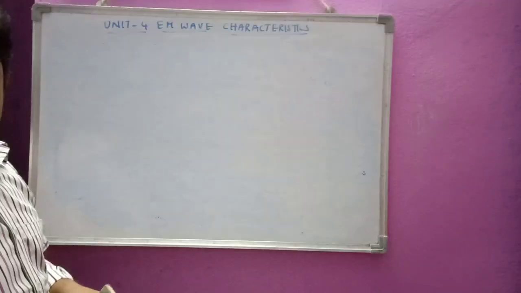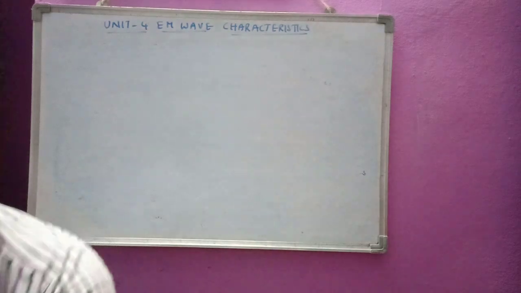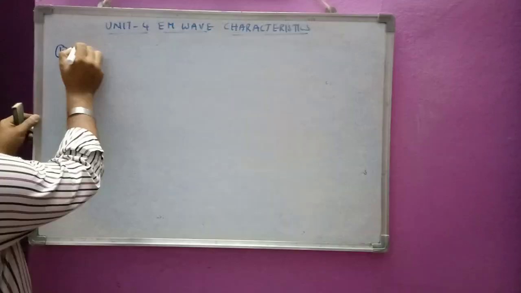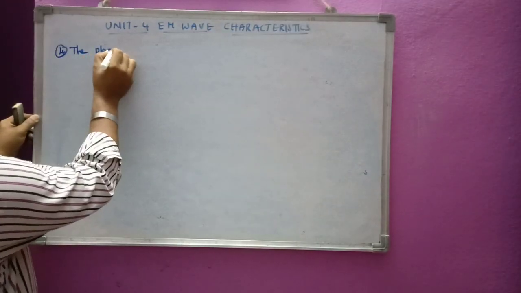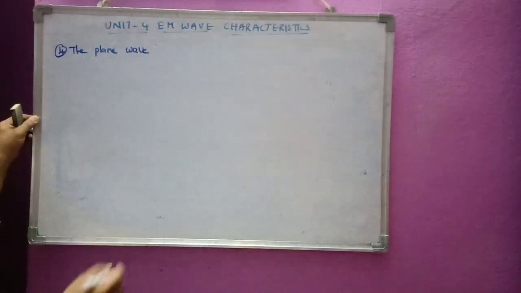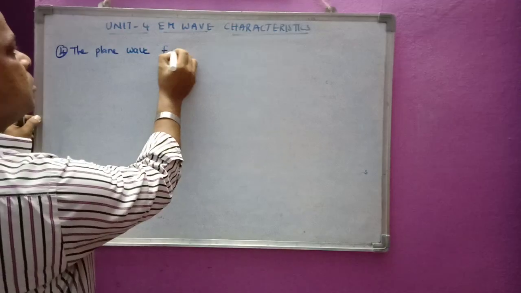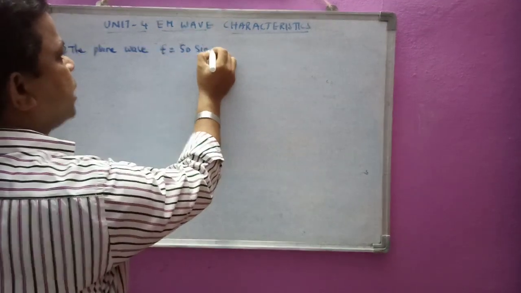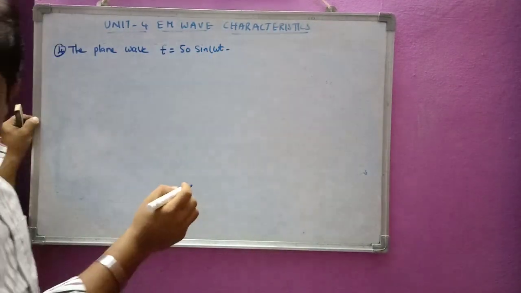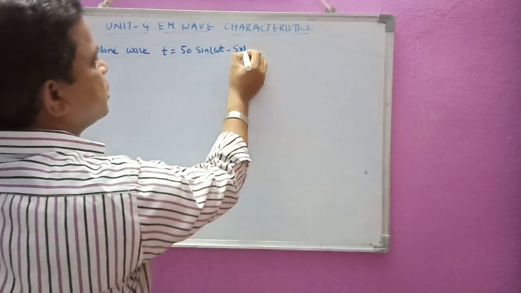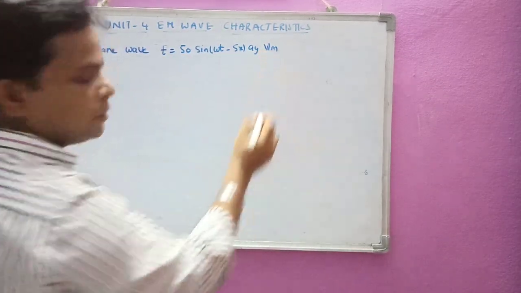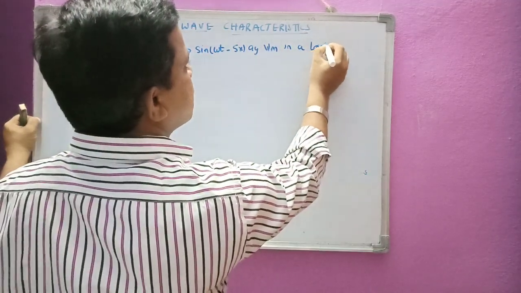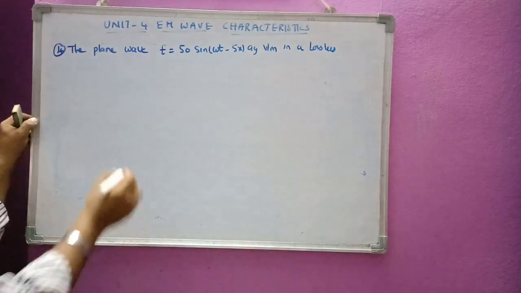I will write the question here. I think it is the fourth question. The plane wave E is equal to 50 sin(omega t minus 5x) ay volts per meter in a lossless medium.